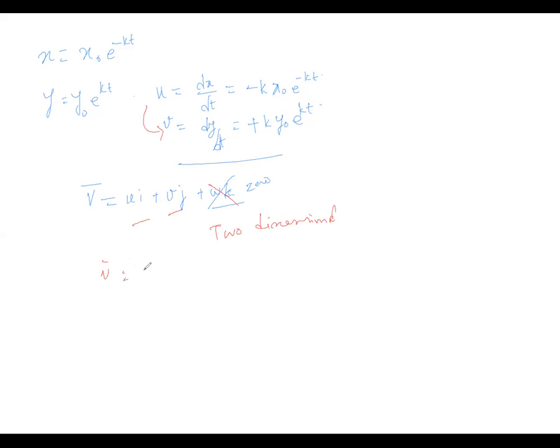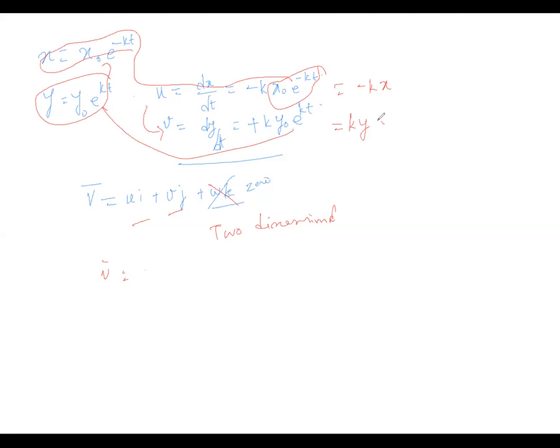So the velocity vector is given by u equal to minus k x, because x naught e power minus kt is nothing but the given value x. Similarly, v equal to k y.